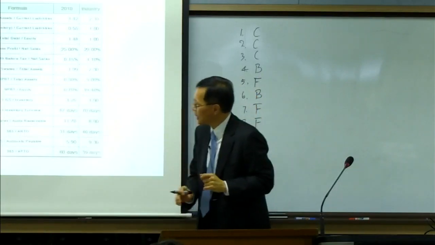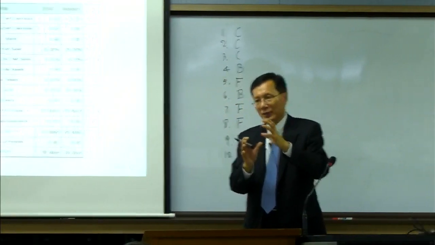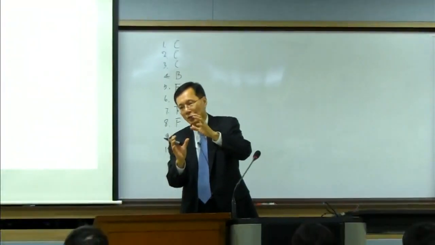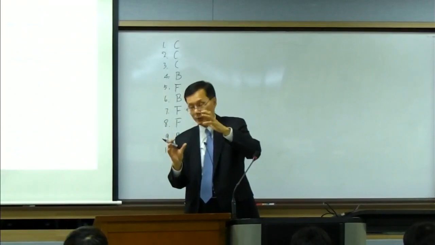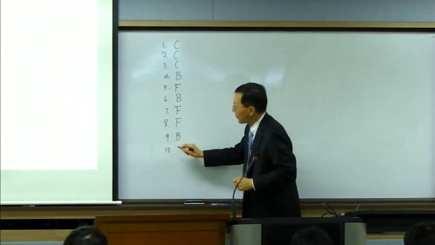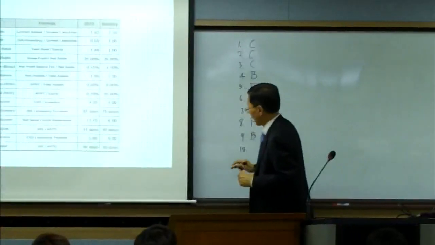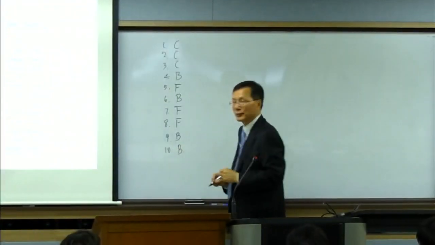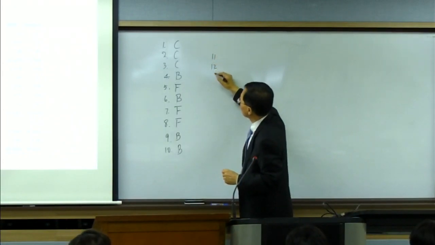And it says 87 days as opposed to 70 days. The smaller the inventory turnover ratio, the longer the days in inventory. And it's essentially measuring the same thing. And of course, based upon your answer, it is B, 11, 12, 13, and 14.